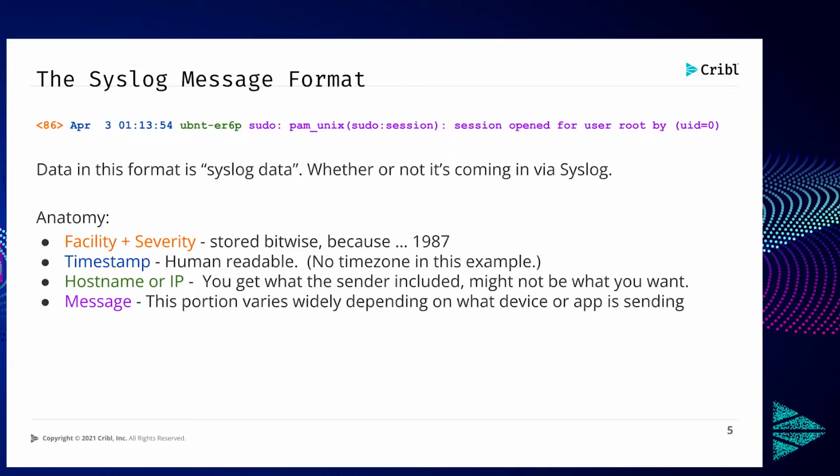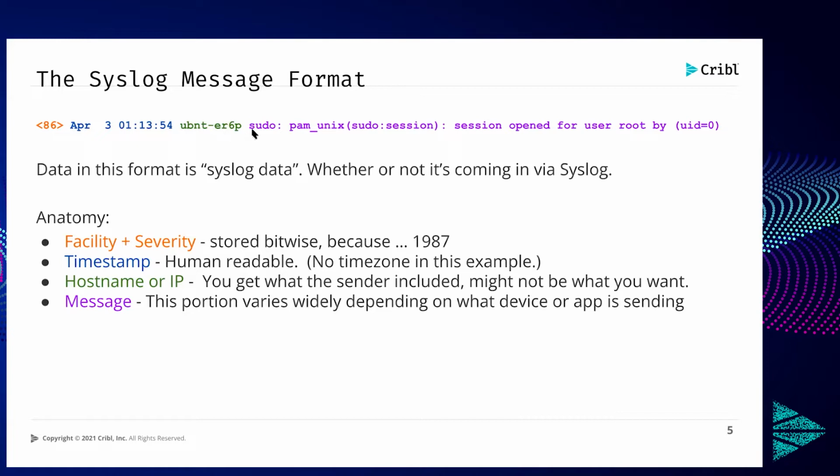We'll talk more about that in a second. Then after that, you'll see the timestamp, which is human readable. And that was important back when people started writing data to disk because they would be grepping through these files by hand. And as a human, I needed to be able to read something. I can't look at a timestamp that's an epoch time and process that easily. So that made sense back in 1987.